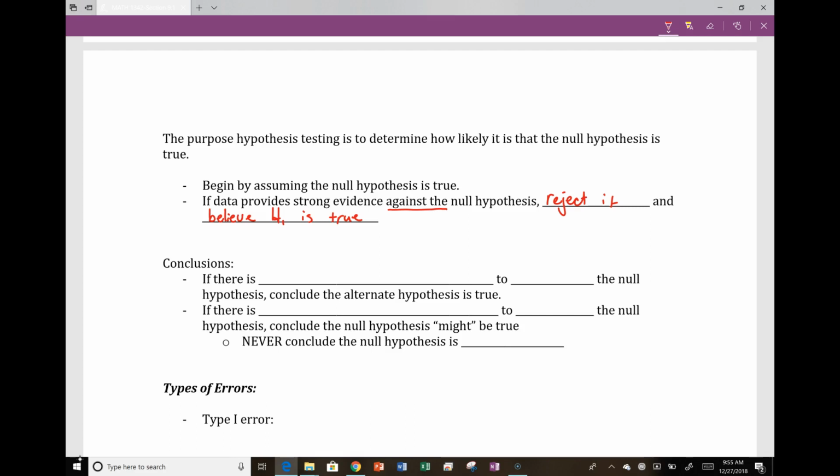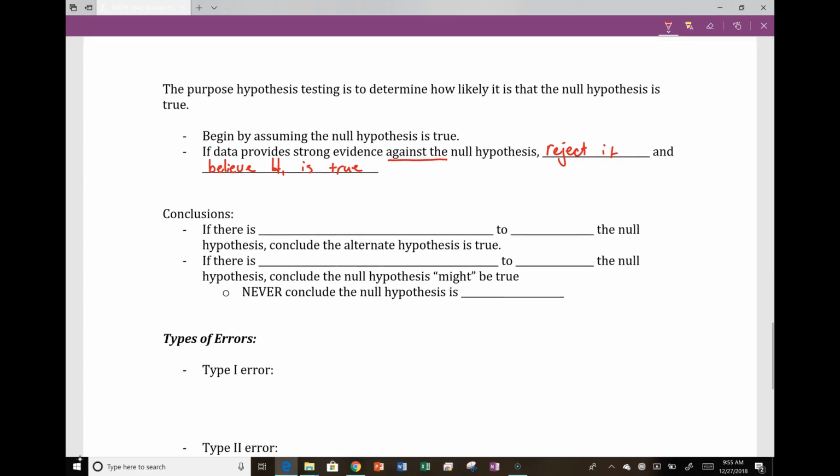We say that they're guilty or they're not guilty. Same thing here. We're going to say that there is either enough evidence to reject or not reject the null hypothesis. We're never really going to say that absolutely this is true, absolutely this is false. We just don't have enough evidence to look at it.